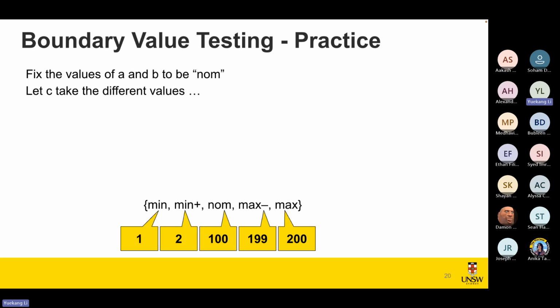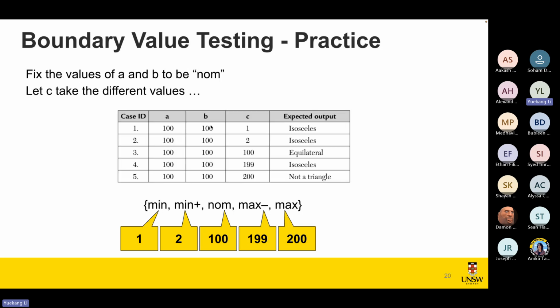So in this case, we can fix the values of A and B to be normal and allow C to take different values to go through all the values to create test cases.